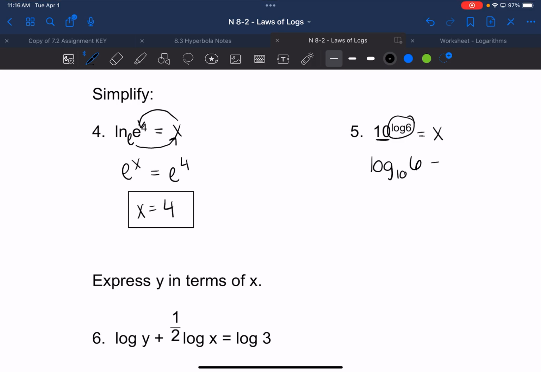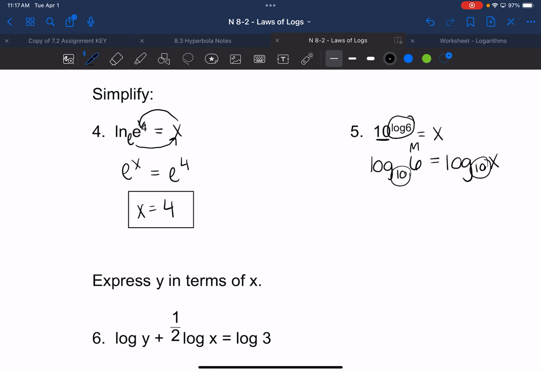Is supposed to equal, we would write log of the base. What was the base? 10, of what the other side was equal to, which we said it was equal to x. Okay, so this is one of those rules that we just had on the front, right? Log of this common base 10.